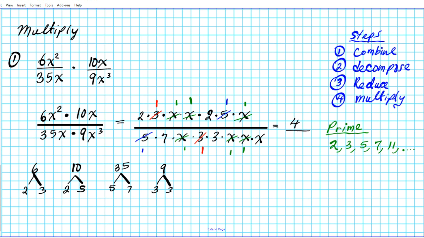And then in the denominator, we have 7 times 3 times x. 7 times 3 is 21 times x is x. So the final answer will be 4 over 21x. Okay? So that's how you multiply rational expressions.